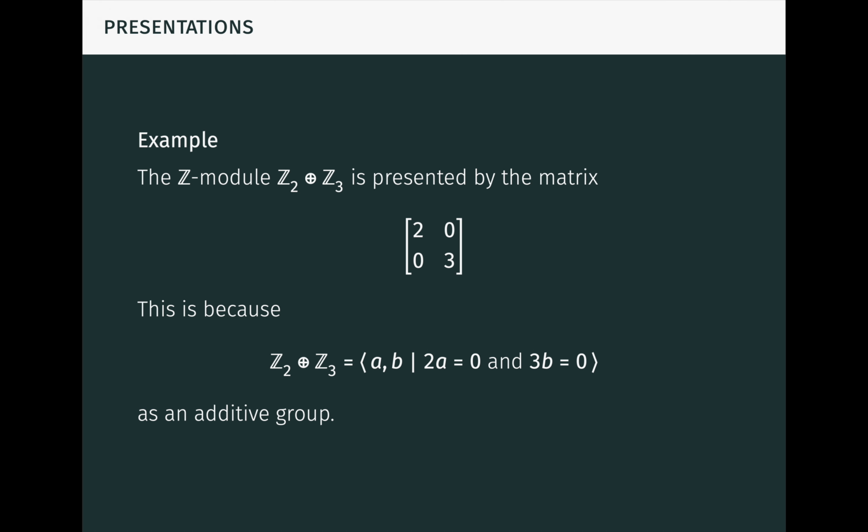All other relations among a and b can be derived from these two relations. In the presentation matrix, the first row corresponds to a, and the second row corresponds to b. The first column encodes the relation 2 times a equals 0, and the second column encodes the relation 3 times b equals 0. You should pause the video to make sure you fully understand this example.